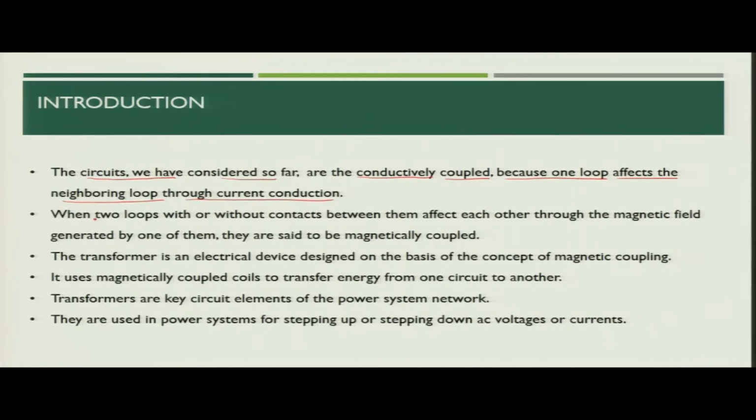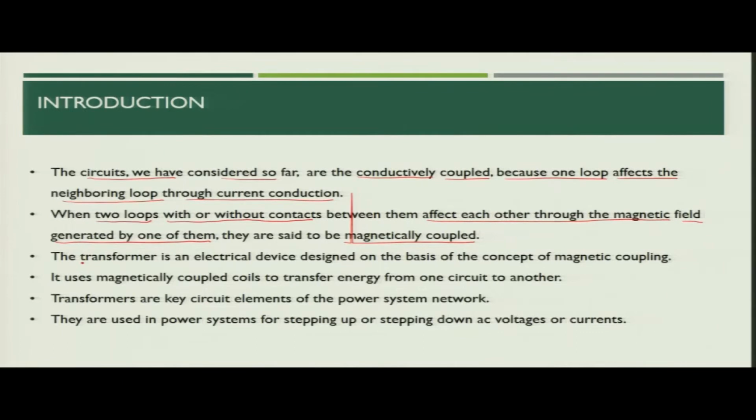That means both of the loops were joined together and current was flowing from one loop to the other. Now, in this case we will see two loops which may or may not be connected electrically, but are coupled together through the magnetic field generated by one of them. When we see those kinds of circuit combinations, we call them magnetically coupled circuits.